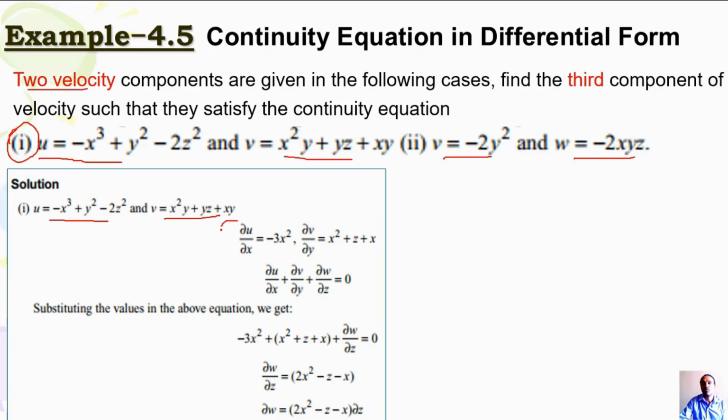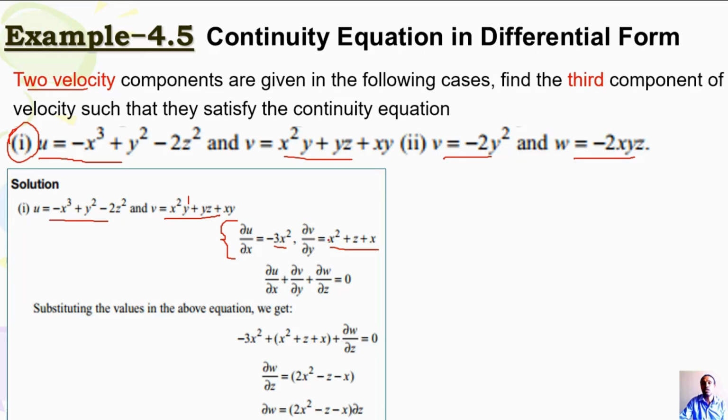So what will be del u del x? Del u del x will be, you have minus x cubed, so minus 3x squared. And del v with respect to del y: you have x squared y, since y has the power of 1, the derivative will be just x squared.